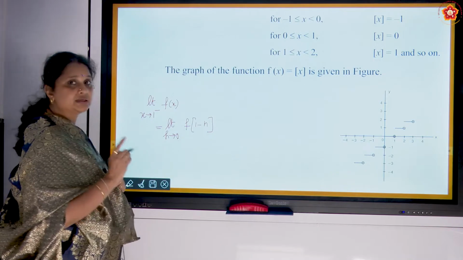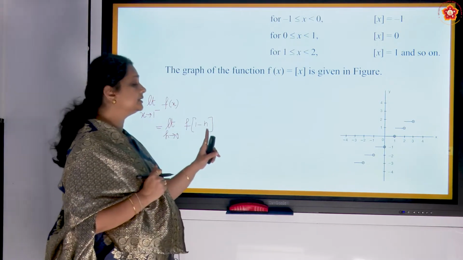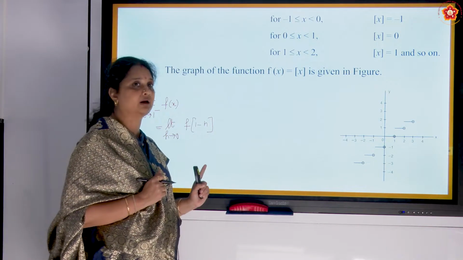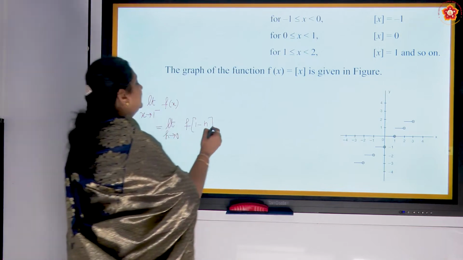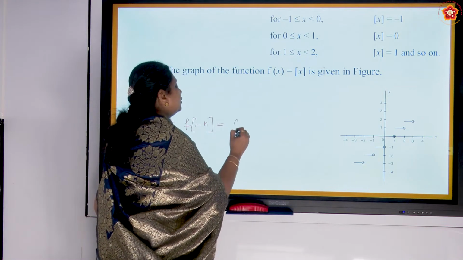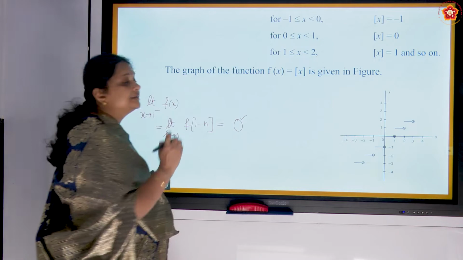So here it is very clear that 1 minus h is going to be less than 1. So the greatest integer value of this function is going to be 0.